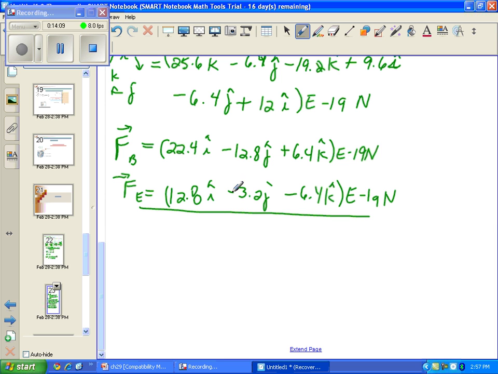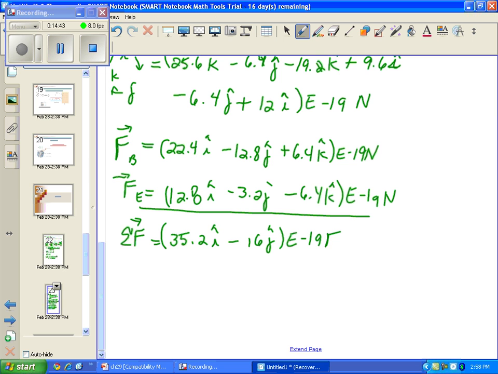Sum these terms up and we get a total of 35.2 i hat minus 16 j hat. Let's make sure that that's correct. And the k hats cancel, so this e to the minus 19 newtons gives us the Lorentz, or the net force, on the charge Q.